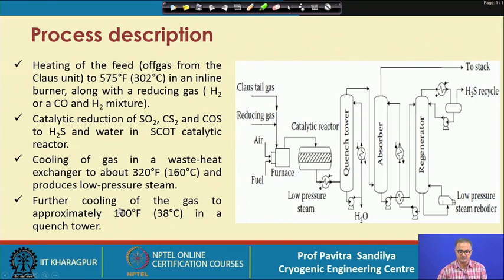The gas is further cooled to about 38 degrees centigrade in a quench tower. So, the gas goes into the quench tower, where it is further cooled before it is sent to the absorber, because absorption is favored at low temperature. This cooling is achieved by recycling water in the quench tower.